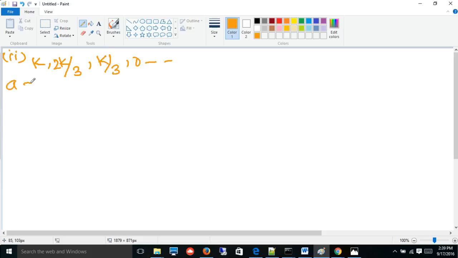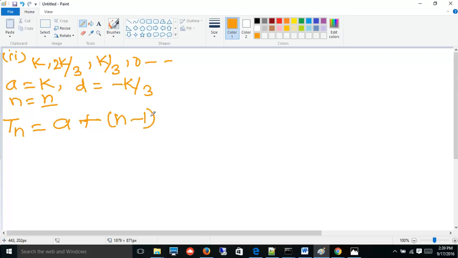The value of A equals k and the value of D equals minus k by 3, which I already explained how to calculate, and the value of n equals n. So we use the formula Tn equals A plus n minus 1 into D. Replace the values of A and D here. So k plus n minus 1, no need to change here.